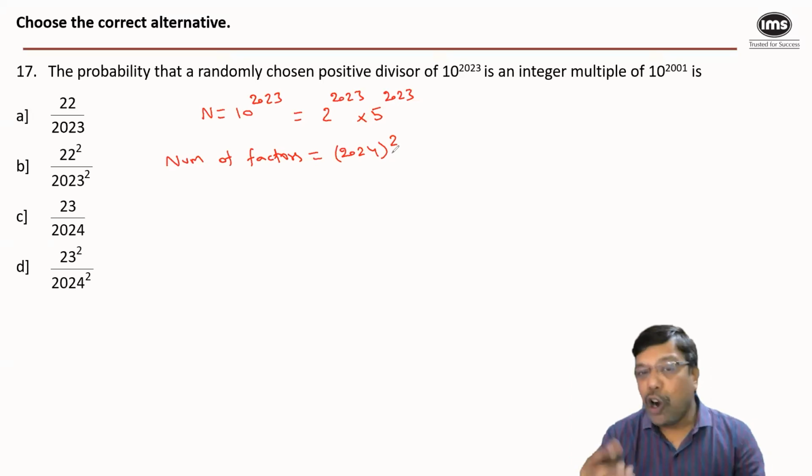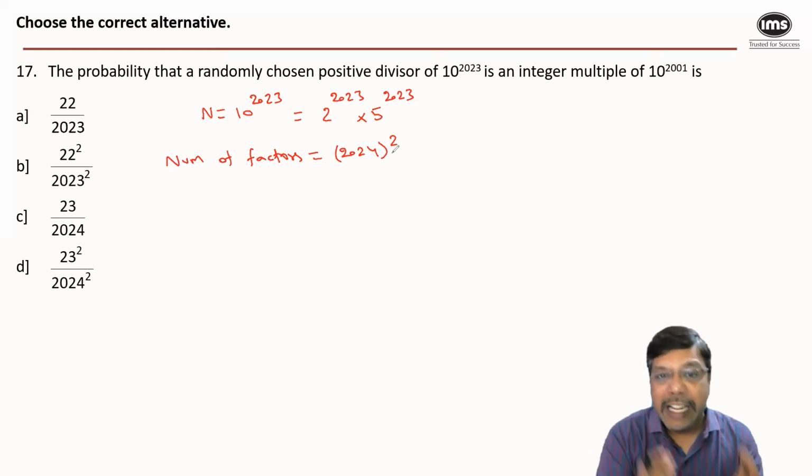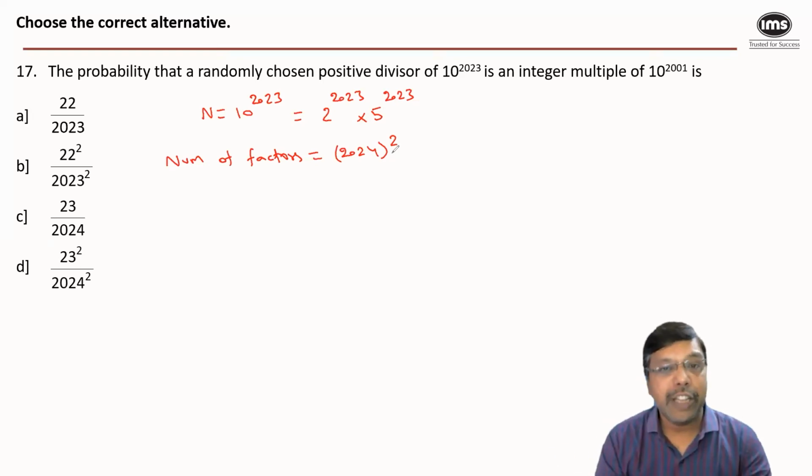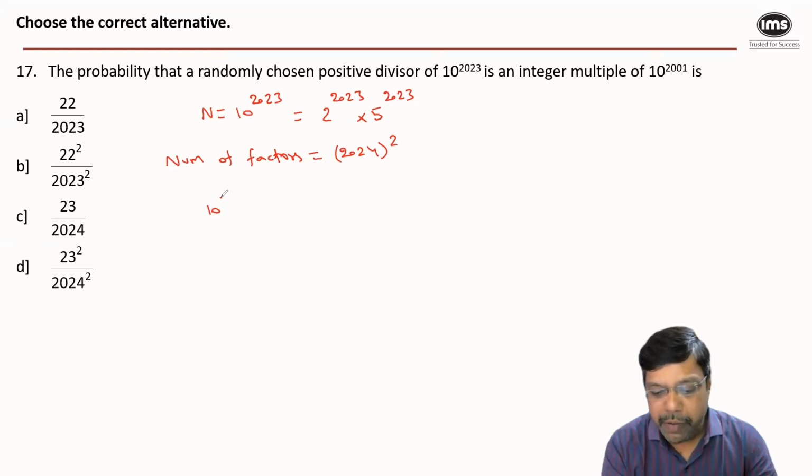Now, I want to know out of these factors, how many are integer multiples of 10 power 2001. Now, 10 power 2023 can be written as 10 power 22 into 10 power 2001.